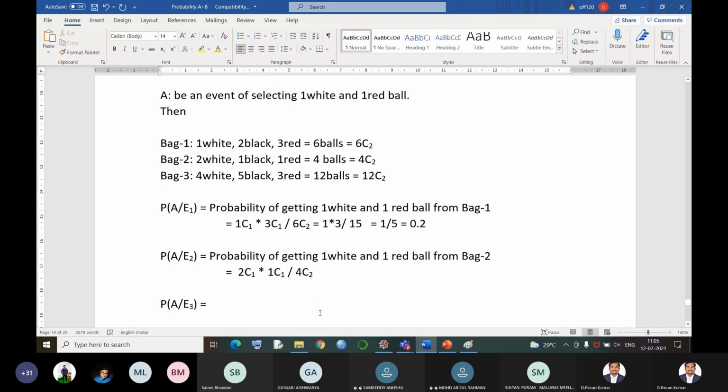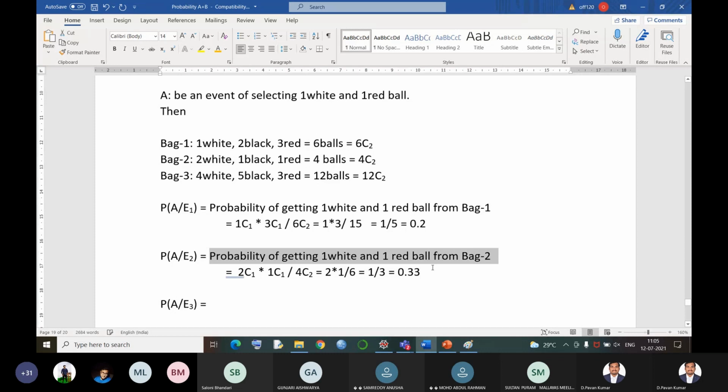So we have 2C1 is 2 into 1, divided by 4C2 which is 6. That is 2 by 6, which is 1 by 3. That means 0.33 would be the answer of P of A by E2.